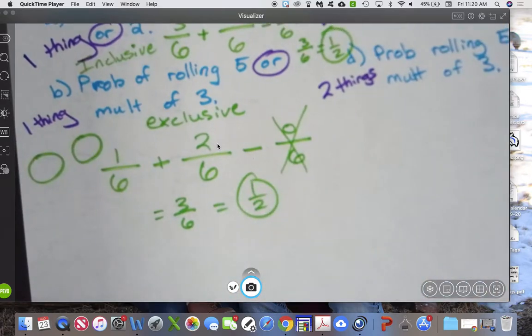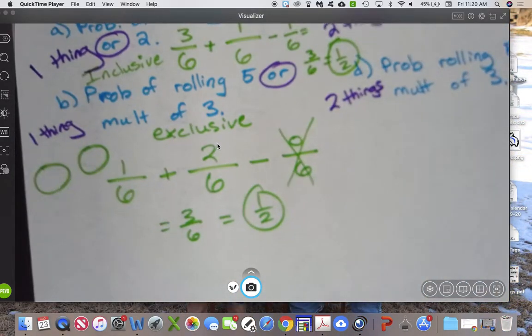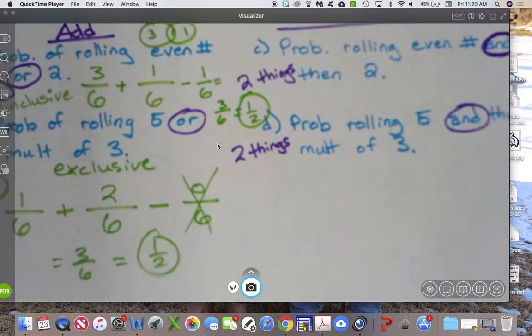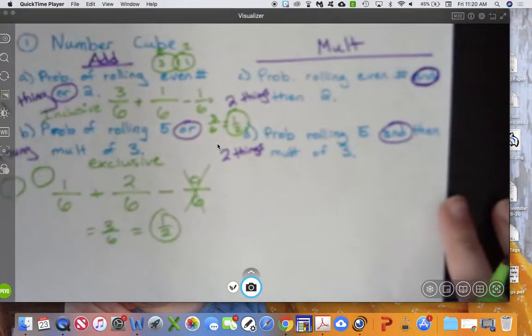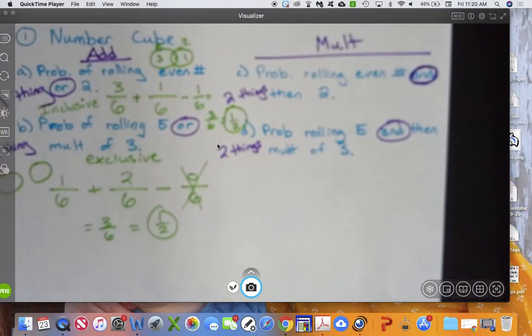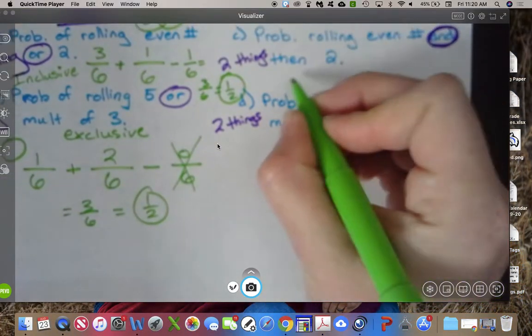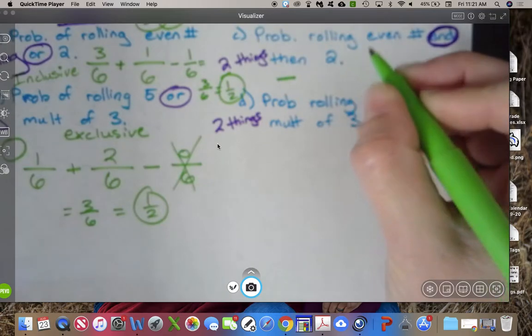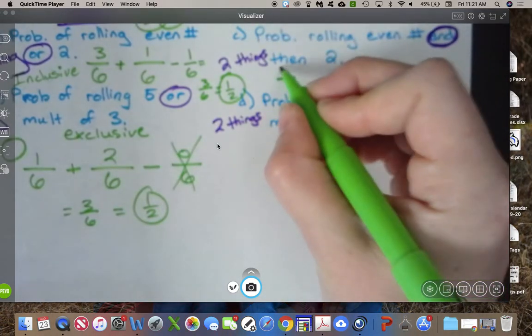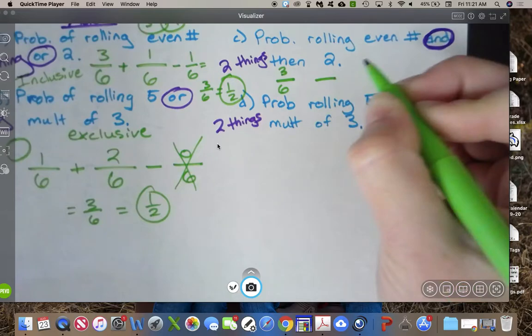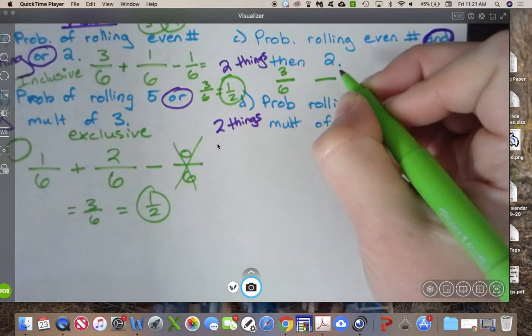Yeah? Good? Okay, now, over here, in my multiplying events, probability of rolling an even number and then a 2. So let's deal with the first one. An even number. 3 out of 6. And then a 2, not a multiple of 2, just a 2, is 1 out of 6, right?